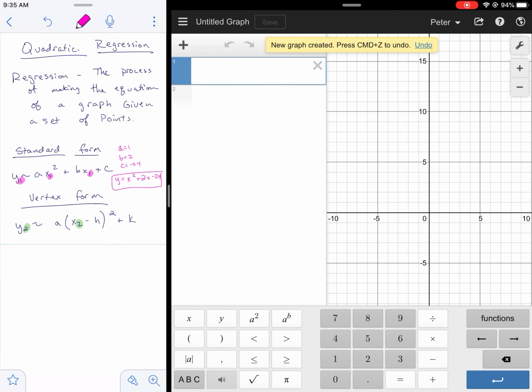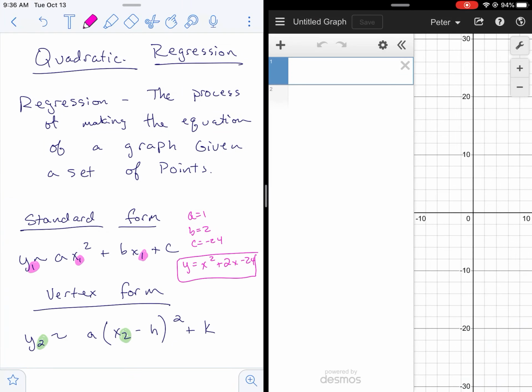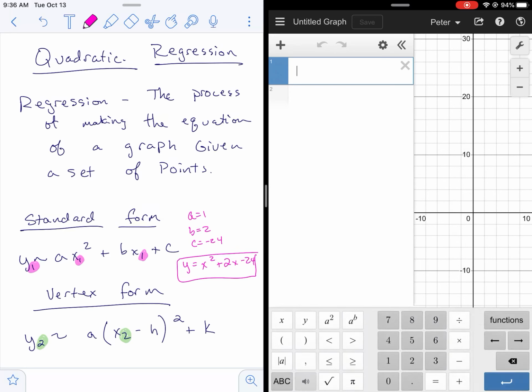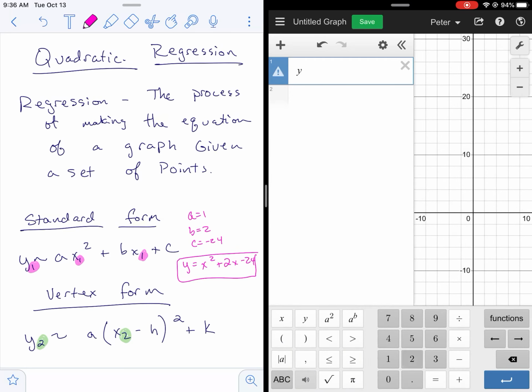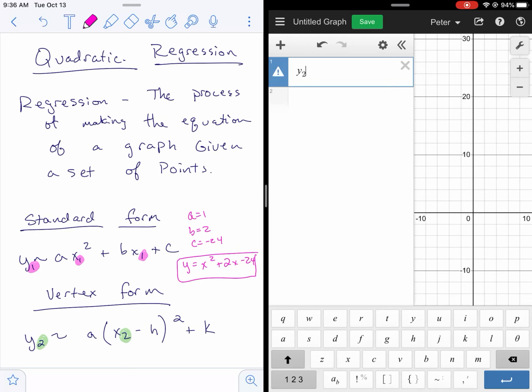We're going to do the same thing, but with vertex form. So now I'm going to use the green one here. It's the same idea, though. y2, I'm going to use 2 instead of 1 just to make it different from the first one. You could use whatever number you want. You could use y7. It doesn't matter.